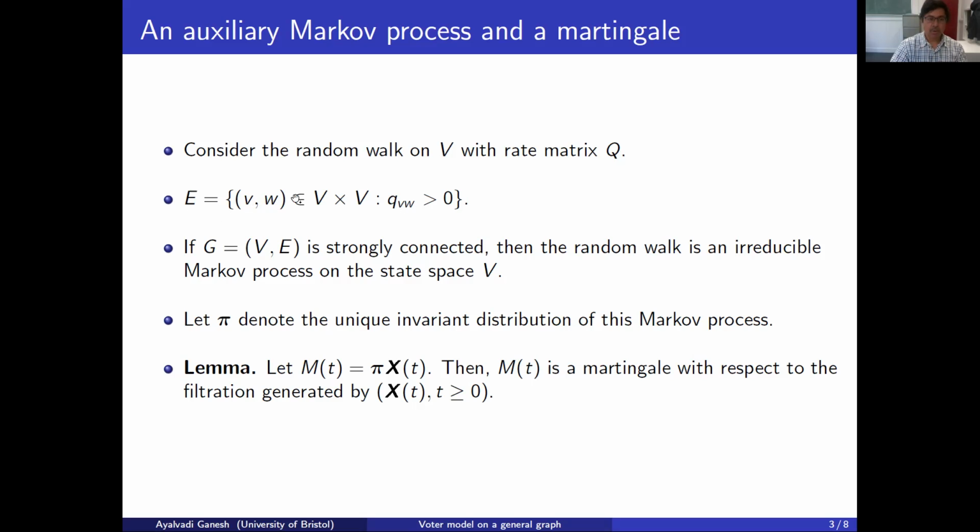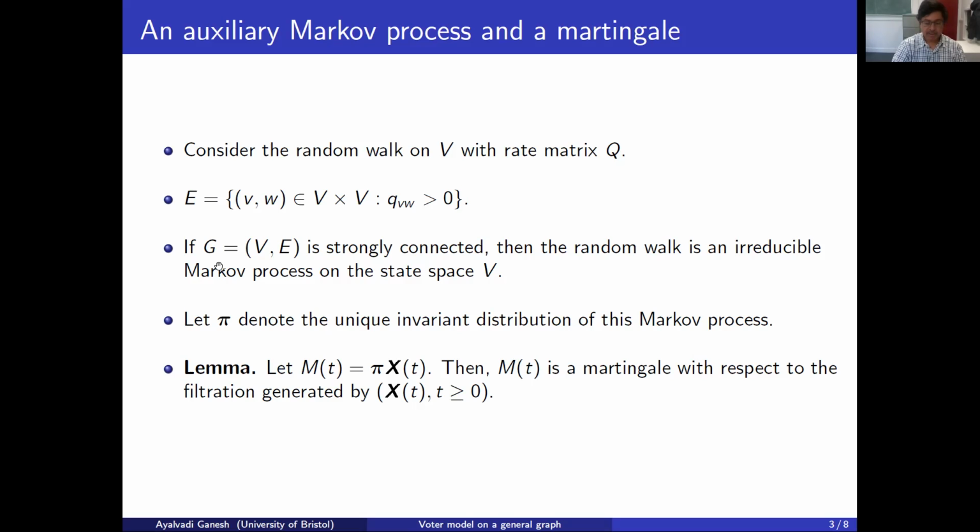Okay, and so the edge set, I'm just writing that we'll identify the edge set as the set of all directed pairs of vertices for which this rate is strictly positive. And we saw, by the way, strongly connected. I mentioned this already on the last slide.